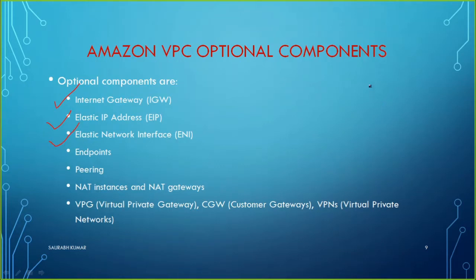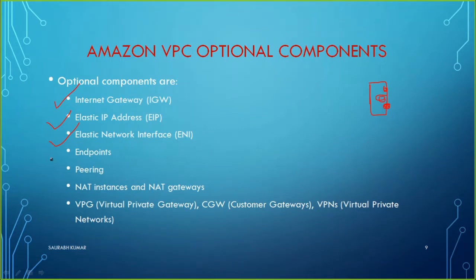Sometimes you have a server running there, and by default when you make any instance, there is already one network interface card. But in case for any specific condition you need 2 or 3 interface cards on the machine, you can get an elastic network interface also. You can have multiple network interface cards on your instance.